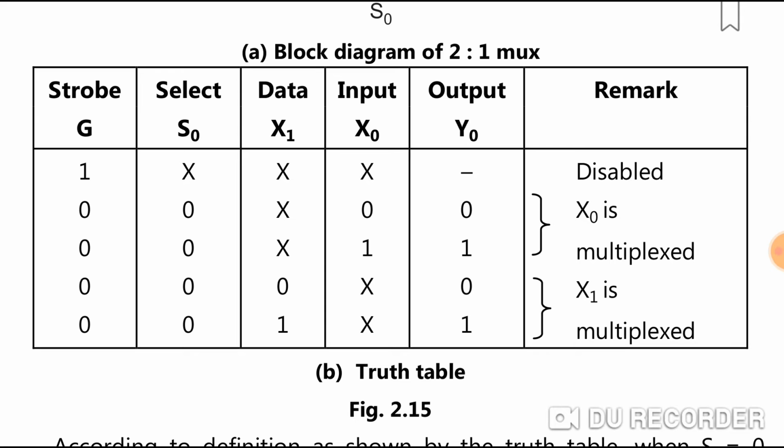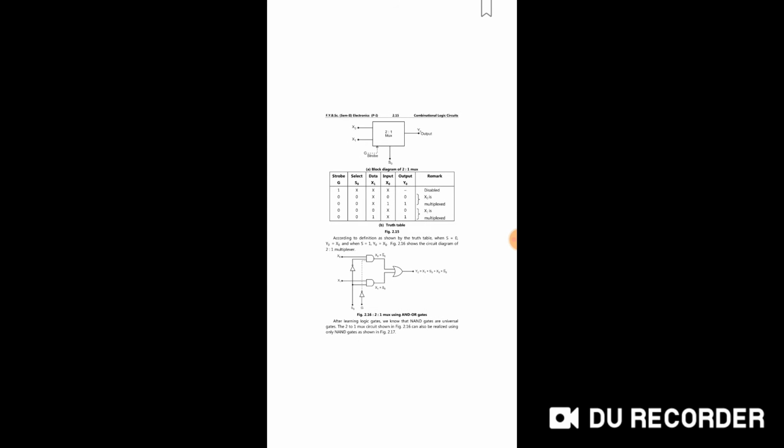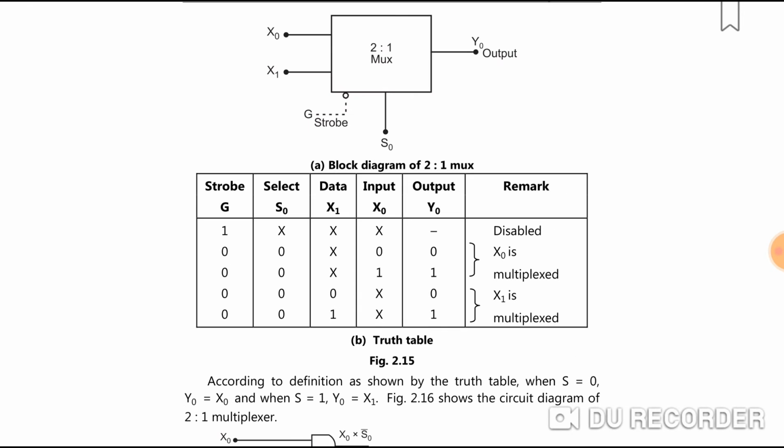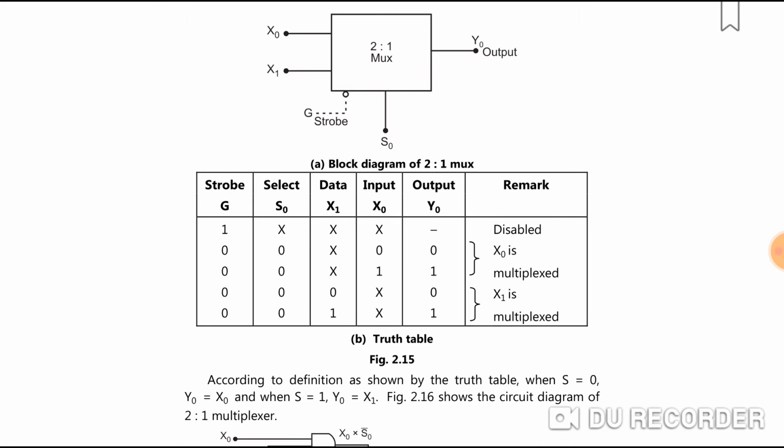Okay. So strobe is 0, select is 1, data is 1, input is don't care. X1 X0 are the inputs. Okay.